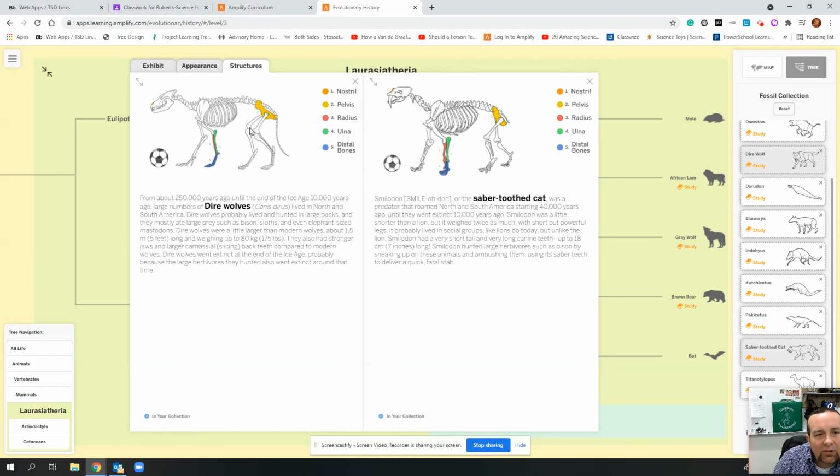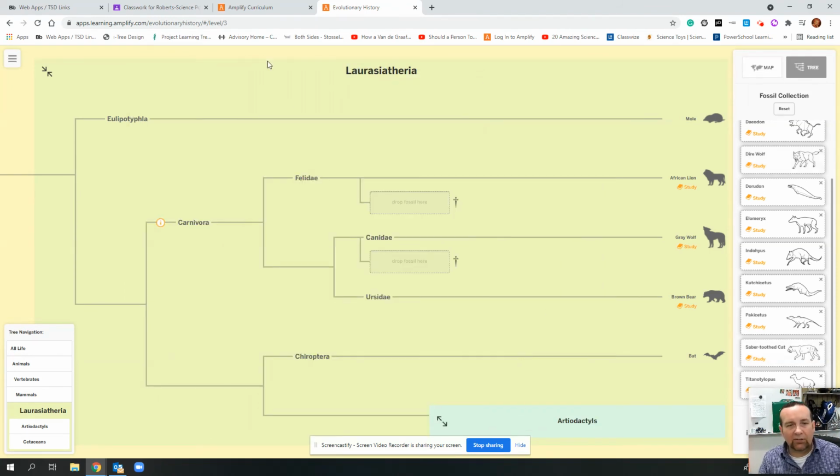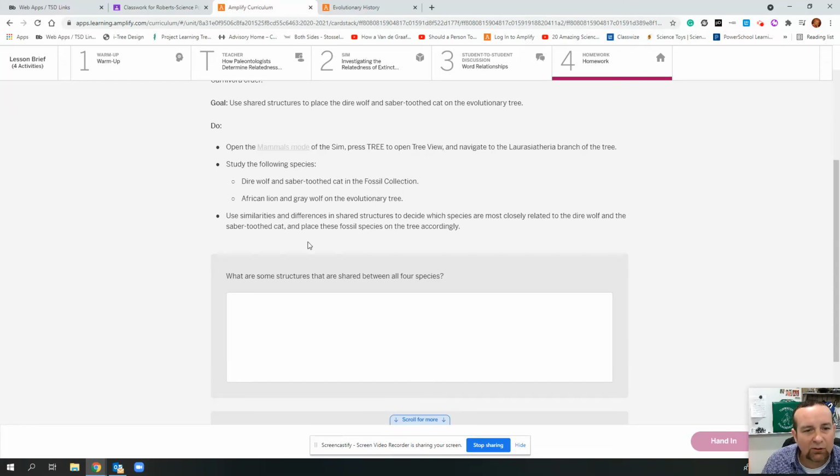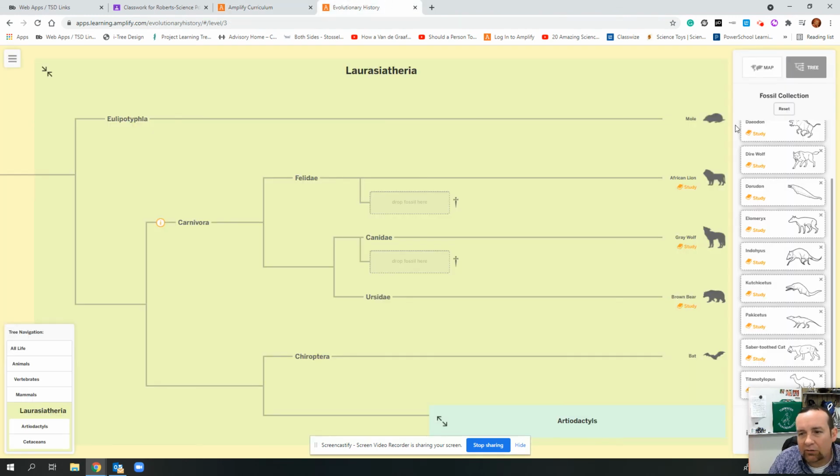And even though dire wolves were pretty buff, if we compare these two structures, we see that again, the cat has just a little bit thicker bone structure, especially in the front limbs here. So I think our thinking is getting us close to the point where we can choose where those should go on the evolutionary tree. I'm going to put the dire wolf here with the gray wolf and the saber-tooth kitty with the African lion.